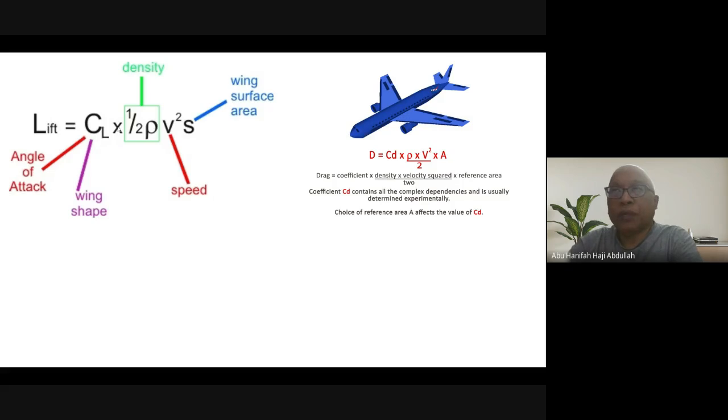Drag is also the same formula, the only change is the drag coefficient. CL is the lift coefficient, and for drag it is the drag coefficient. If you look at some incidents, there are accidents that occurred because they forgot about the density.